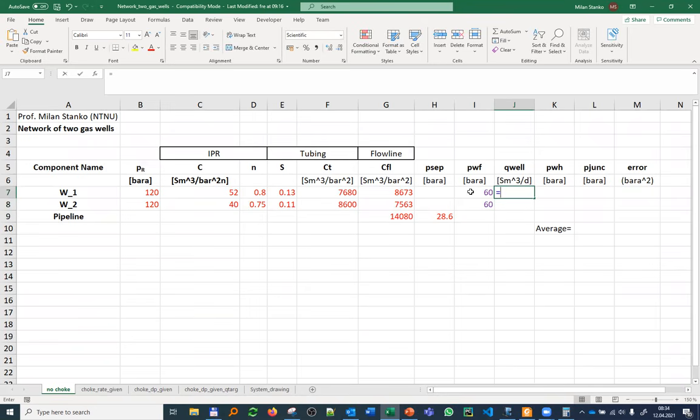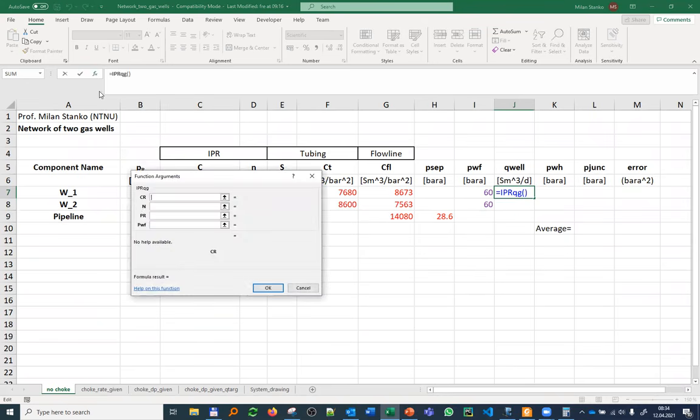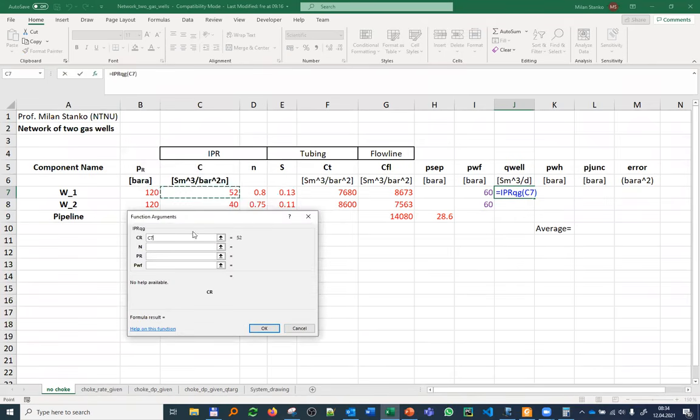Then we use the IPR equation, giving me, in this case, rate. This equation is using the back pressure coefficient C, n, reservoir pressure, and here is the pressure. I don't block any of these because when I drag this cell down, I want it to apply for all of these properties for well 2.